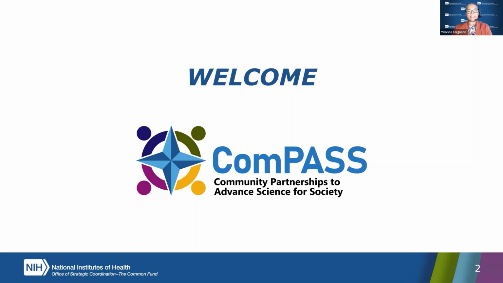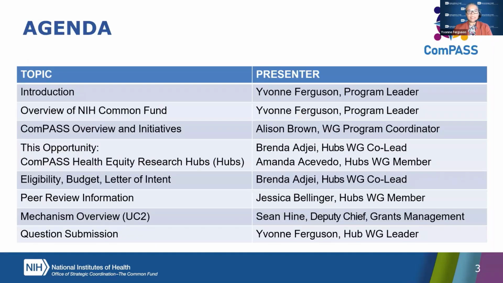So before we discuss the specifics of the funding opportunity, I would like to start by walking you through today's agenda. The agenda for today's webinar is presented here. First, we will introduce you to the ComPASS leadership team and webinar panelists. Next, we will provide an overview of the NIH Common Fund program. Then we'll move into an overview of ComPASS and the initiatives, followed by the Health Equity Research Hubs, which is the focus of today's webinar.